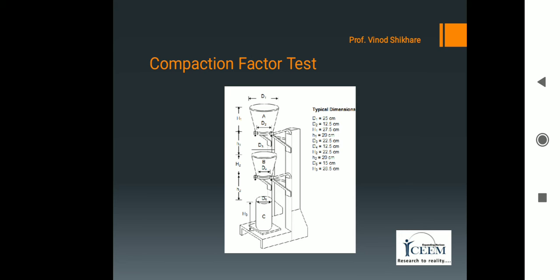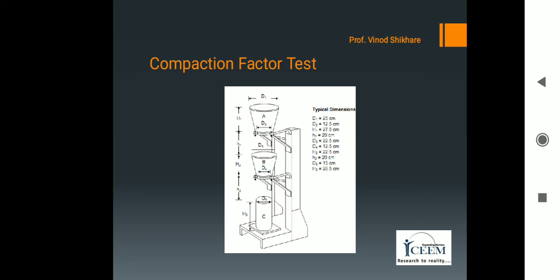The typical dimensions of hoppers A, B and cylinder C are given in the figure. D1, the top diameter of hopper A, is 25 centimeter. The bottom diameter of hopper A, D2, is 12.5 centimeter.